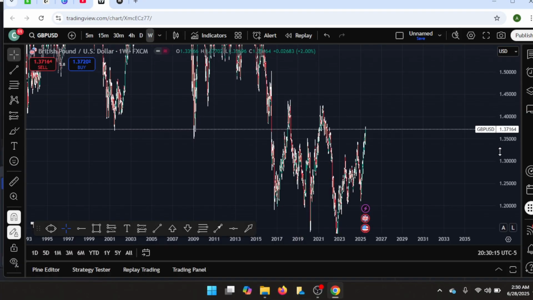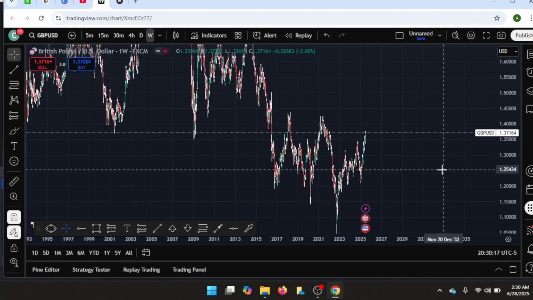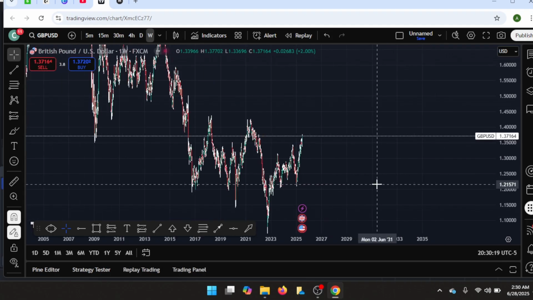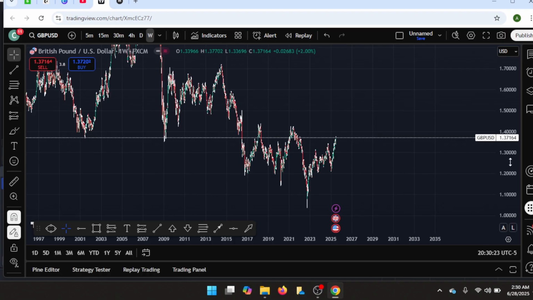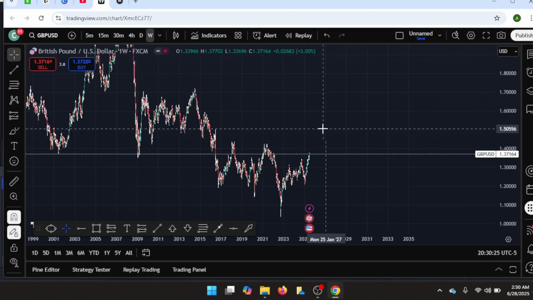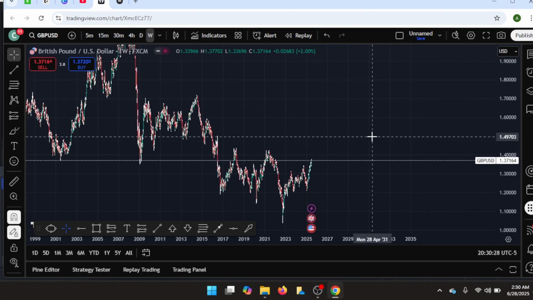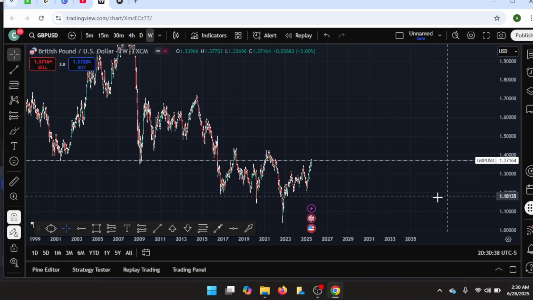In the weekly time frame, our target is to draw the key zones. These key zones will help us to understand where the market will be heading to from one key zone to another. I use the word key zones.